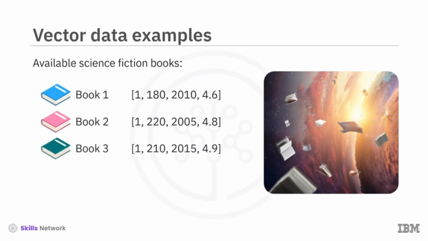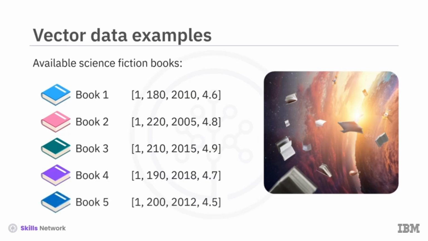Book 3 contains vector values of 1, 210, 2015, 4.9. Book 4 contains vector values of 1, 190, 2018, 4.7. And Book 5 contains vector values of 1, 200, 2012, 4.5.